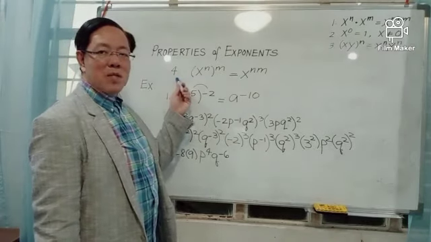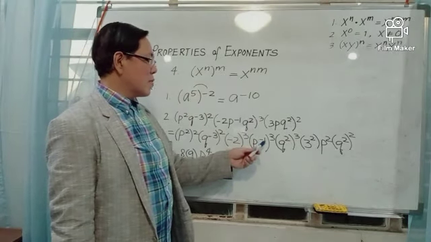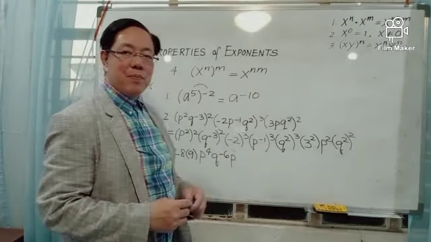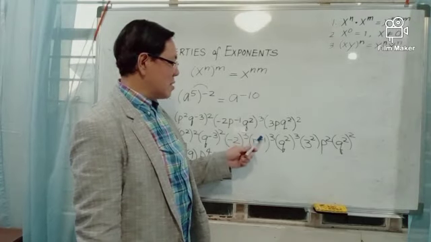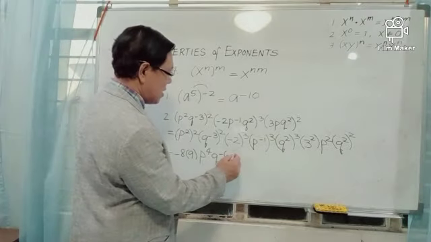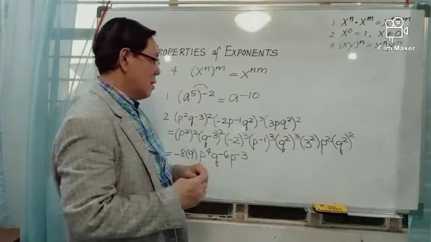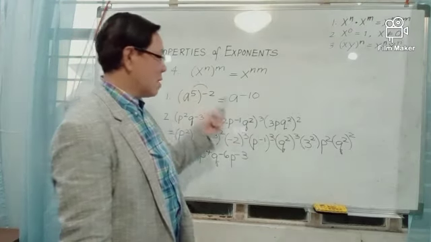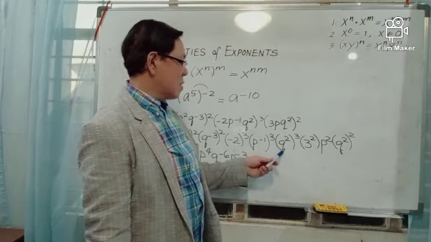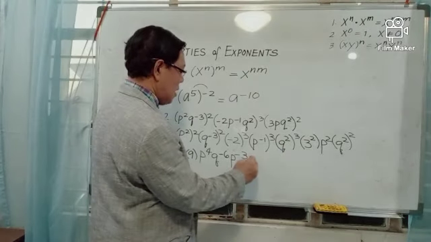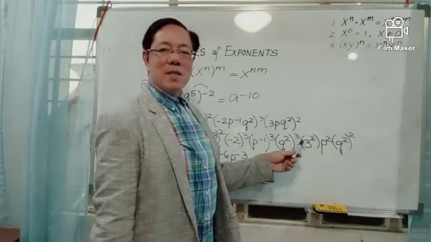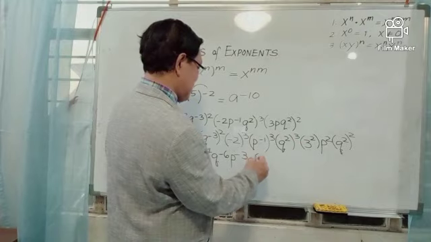Again by the fourth property of exponent, p to the negative 1 to the power 3 is equal to p. The exponent of p is the product of the exponents negative 1 and 3, or negative 3. And by this property again, the cube of q squared equals q. The exponent of q is the product of the exponents 2 and 3, 6.